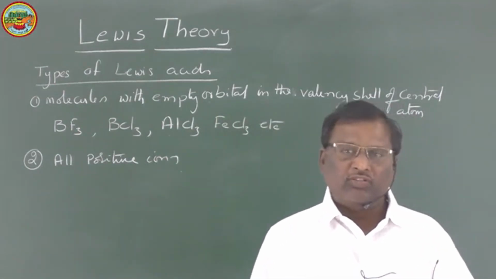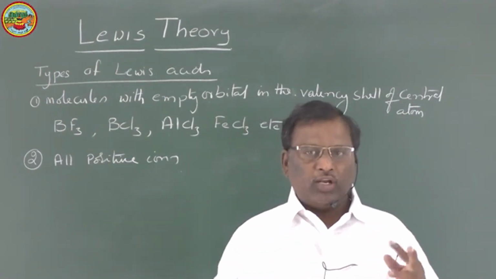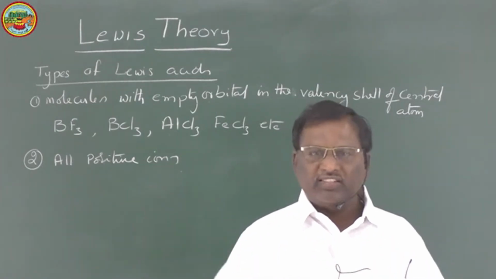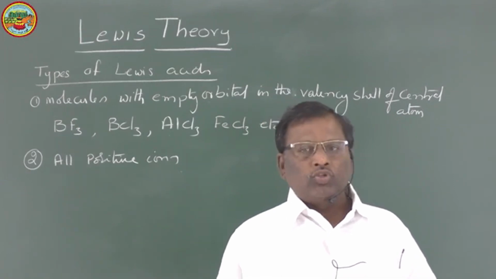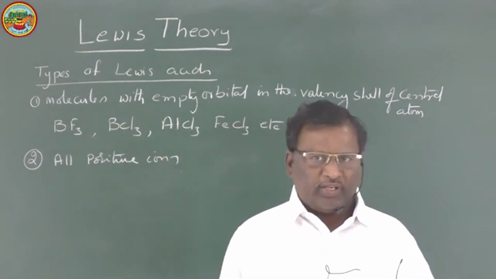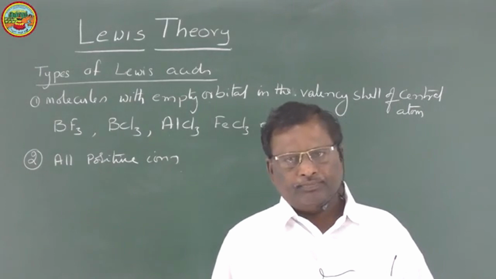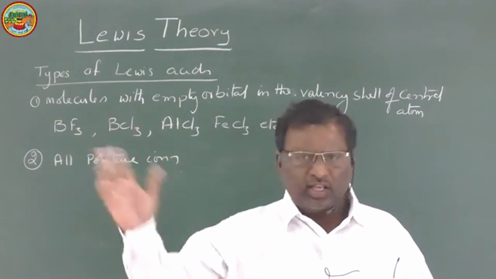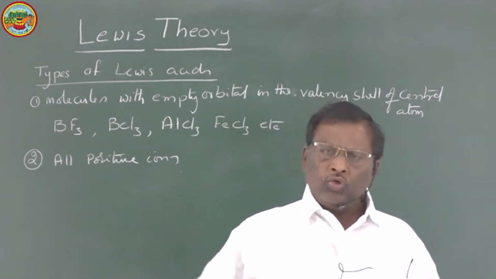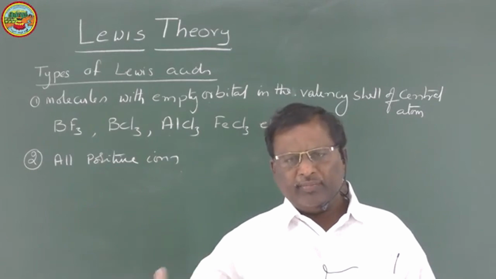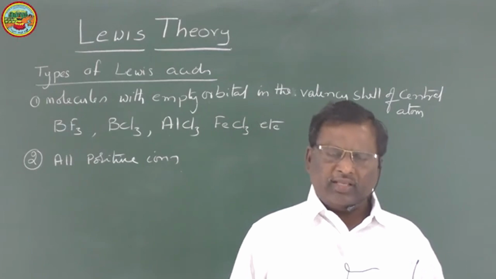Any positive ion is obtained when an atom loses 1 or 2 electrons from its valency shell. So when an atom loses electrons, the electron present in the valency shell is removed. When electrons are removed, automatically it will have an empty orbital. So all positive ions will have empty orbitals. They are in a position to accept an electron pair from other species.